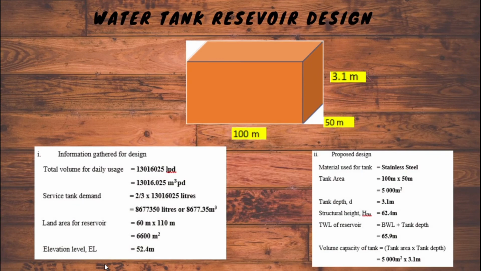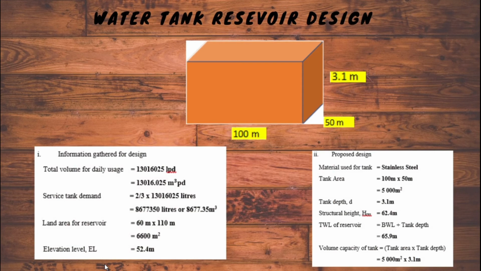Next, design the tank reservoir. The total daily usage is 13,060.25 meter cube per day, which is the summation of design flow and 0.5 design flow. The land area for the reservoir must be bigger than the area of the tank reservoir.